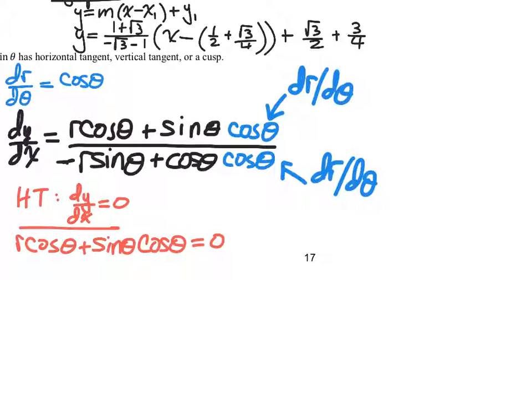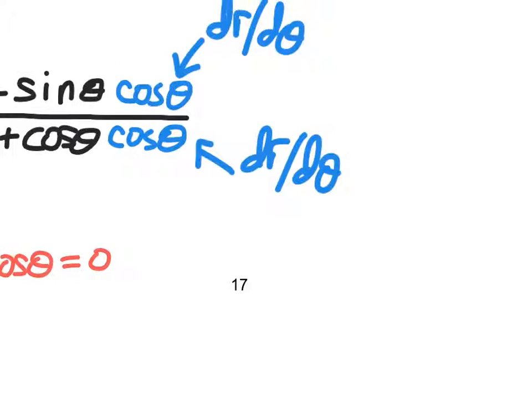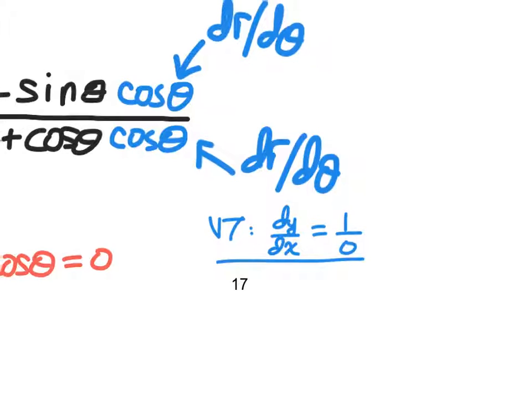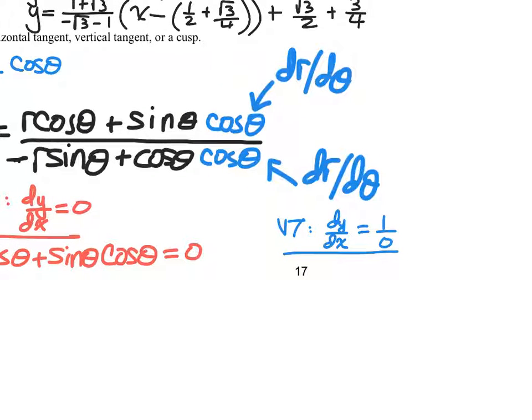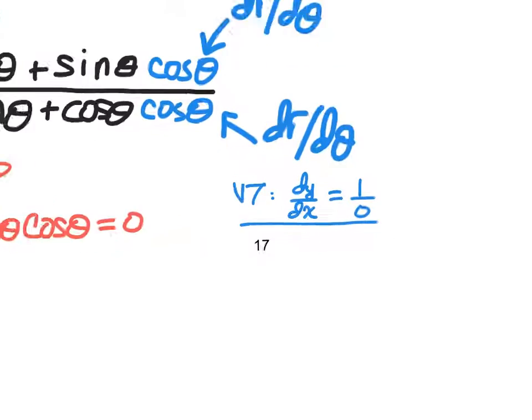All right, so like I said, for a vertical tangent, the derivative needs to be equal to some undefined value, which would simplify down to 1 over 0, so you might as well go with that, which ultimately ends up being the negative r sine plus cosine squared equals 0.